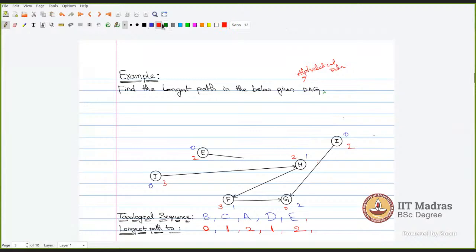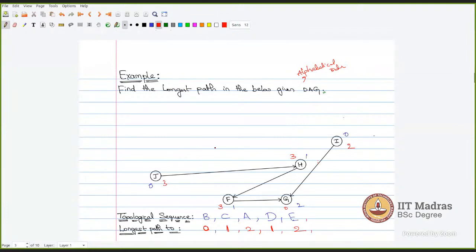Now what happens to the longest path? This will be max of 1 plus the previous 2, which is 3, comma 2. Max of 3 comma 2 is 3. So the longest path to H now became 3.